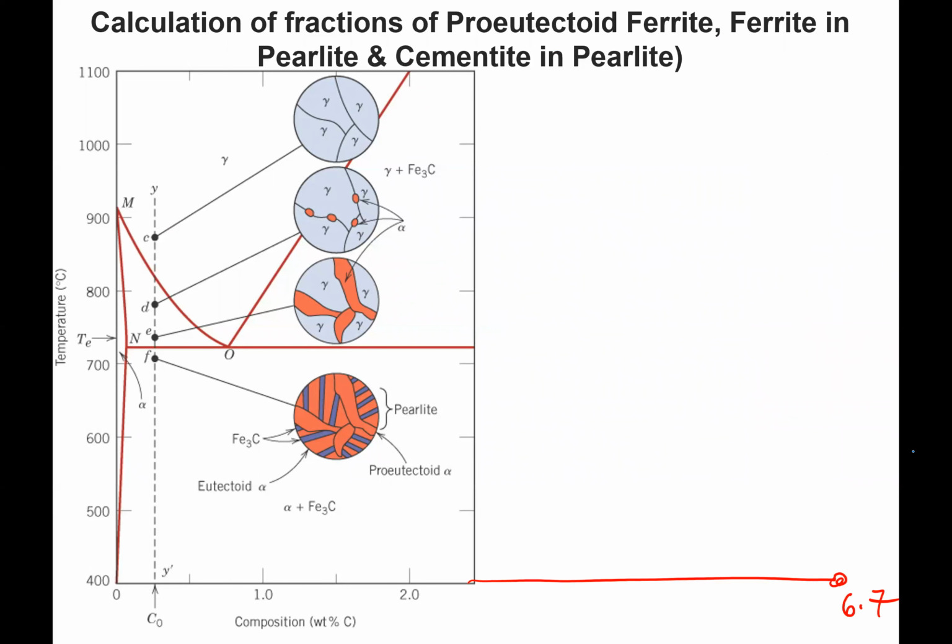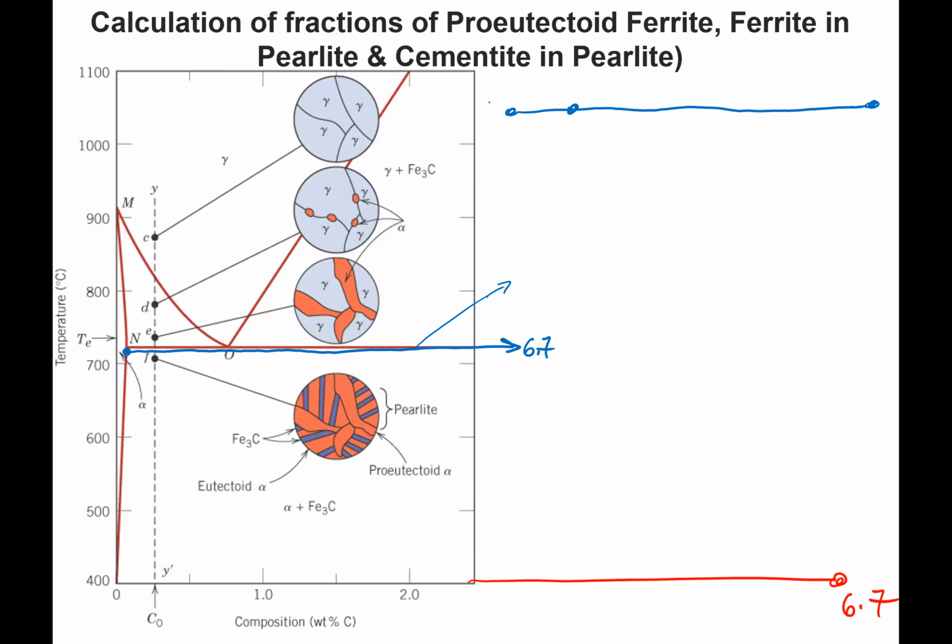Here we are. Let's draw that tie line right away. We're going to go from here all the way out to 6.7, and I want to take this tie line and pull it out like we've done before, so that I can just focus on my tie line.